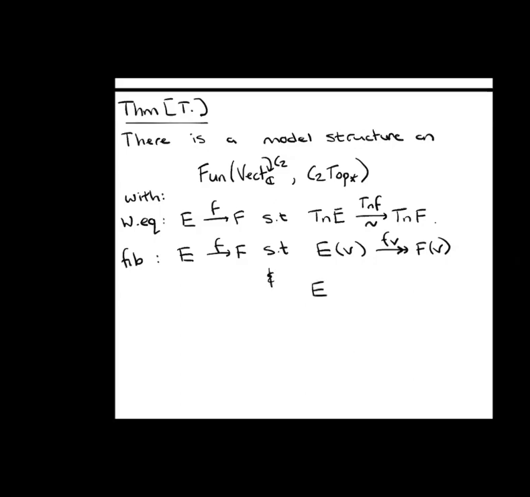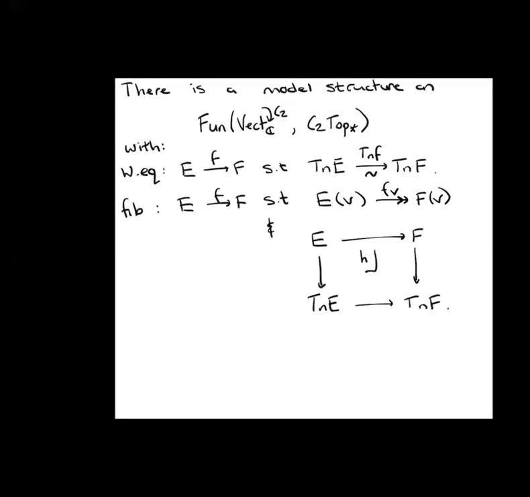So if you have the square formed by the polynomial approximation, you want this to be a homotopy pullback. So sitting inside these weak equivalences is all the information you would want to know about polynomial approximations. And sitting as the fibrant objects are exactly the n-polynomial functors.